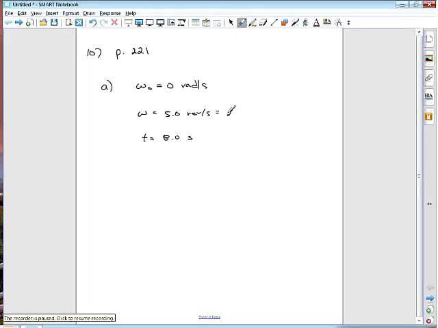So all we have to do is take 2 pi times 5, and that will give us the number of radians per second. So we have 2 times pi times 5, and so that's 31.4 radians per second.